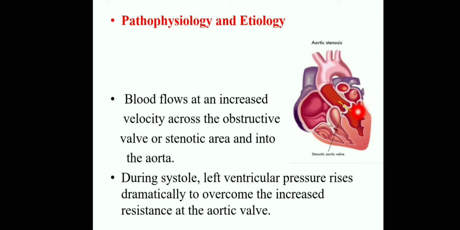What happened? Because the narrowing is there, the oxygenated blood is unable to pass through the narrowed part during systole. The left ventricle needs more pressure to pump the blood, because of the narrowing, and the blood is unable to move to the ascending part of the aorta.